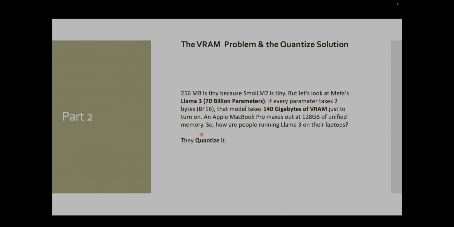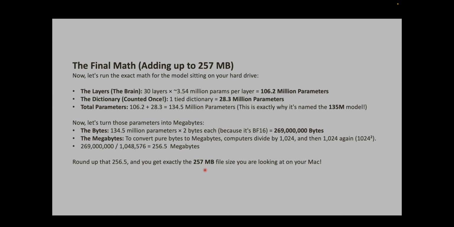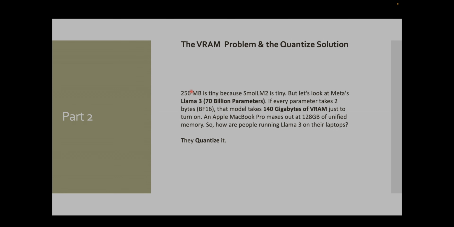Then we jump to the VRAM problem. After looking at this, and guys, this is just a 135 million parameter model, the file size took 257 MB. That is tiny because this model is tiny. But let's look at Meta's Llama 3, which has 70 billion parameters.